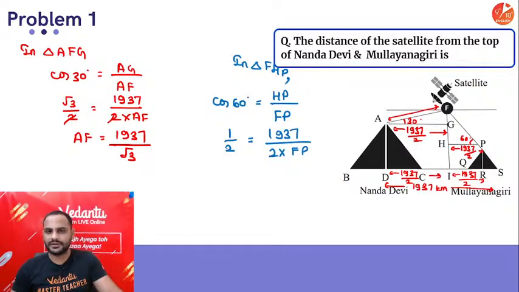We need to find it out. So cos 60 is 1 by 2, here FP. So this to this got cancelled. FP will be equal to 1937 kilometers.